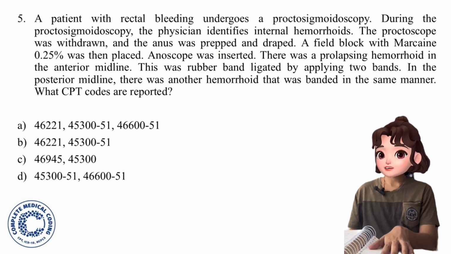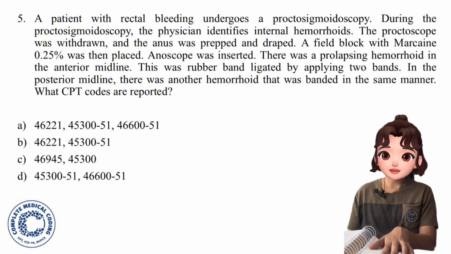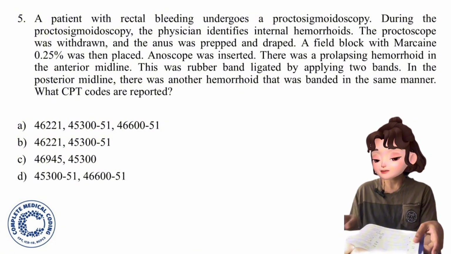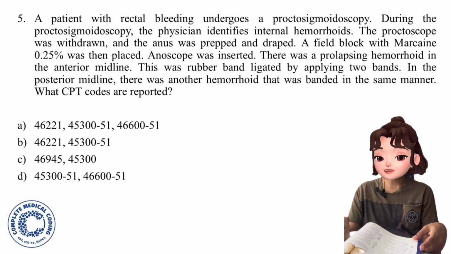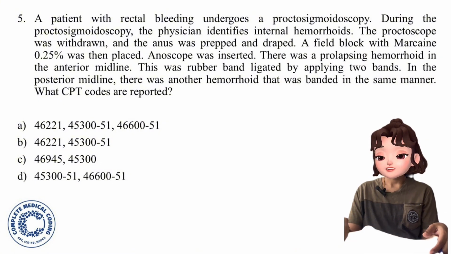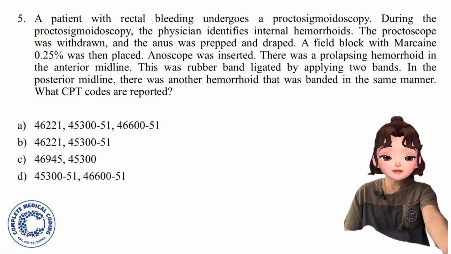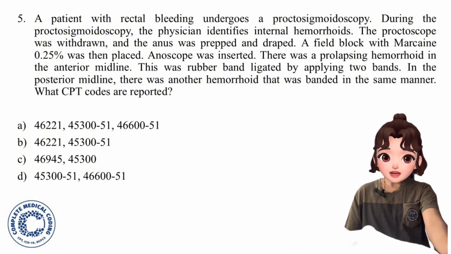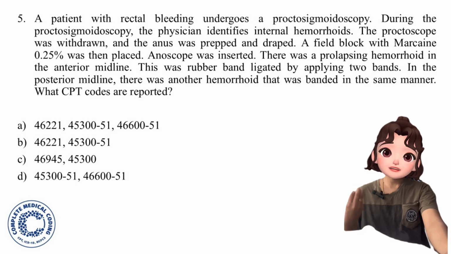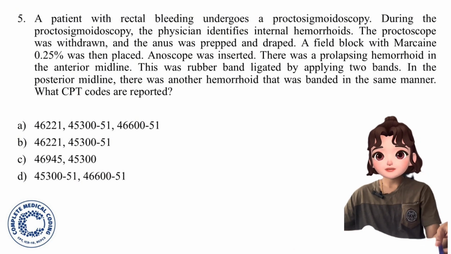This is also right. Now what is the third CPT code in the same option? 46600, anoscopy diagnostic including collection of specimen by brushing or washing when performed, and it is marked with modifier 51 in the option. But since code 46221, hemorrhoidectomy internal by rubber band ligation, is present, no need to add the anoscopy procedure again, because it is the same.